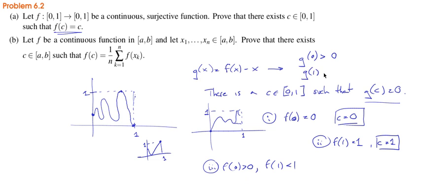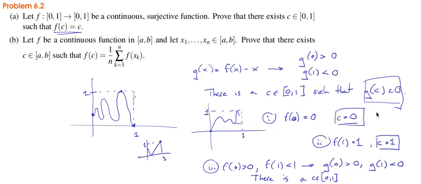But g of 1 will be something that's smaller than 1 minus 1, so this is smaller than 0. So in other words, g of 0 is greater than 0 and g of 1 is smaller than 0. Because g is a continuous function, there is a c in this interval that fulfills g of c equals 0, using Bolzano's theorem.